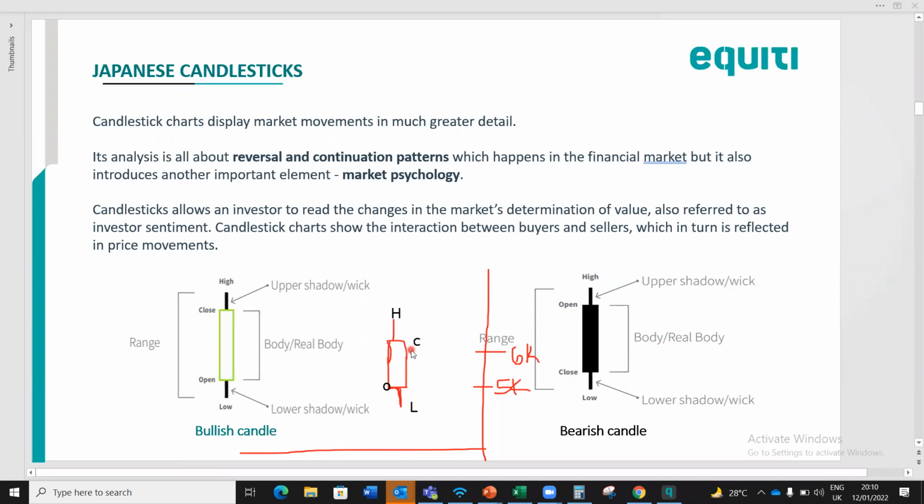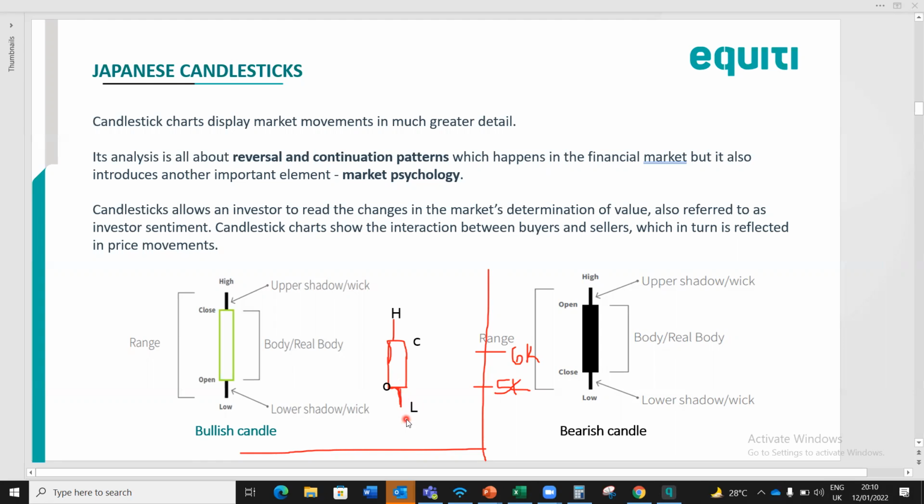But finally, because they are not the only ones dominating the market, sellers were also able to push prices, and prices closed at 6,200. Now, let me ask this question: who dominated the market most? Looking at what I have explained with this candle, who do you think dominated the market most? Of course, it's the buyers. The bulls were able to dominate the market the most.